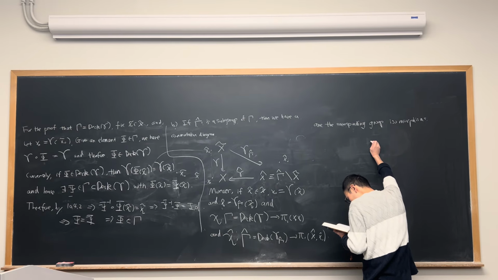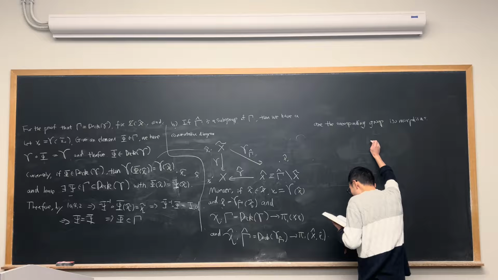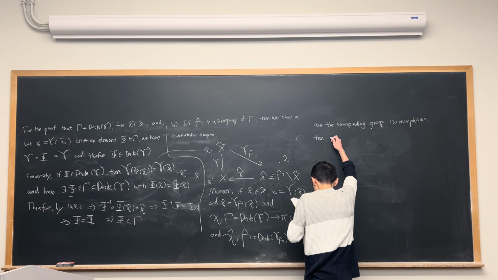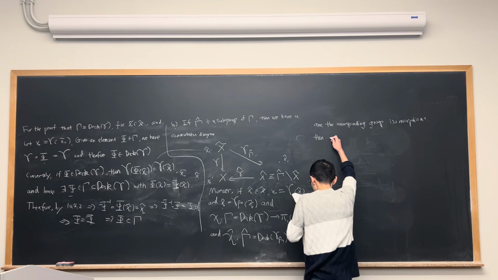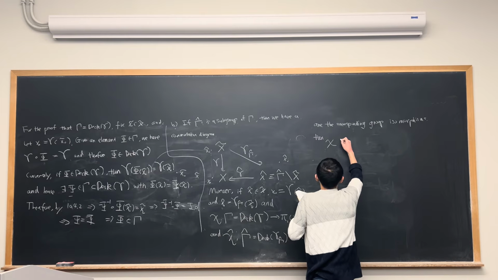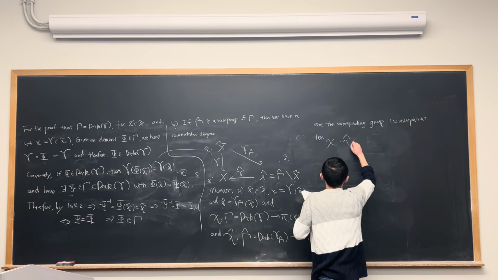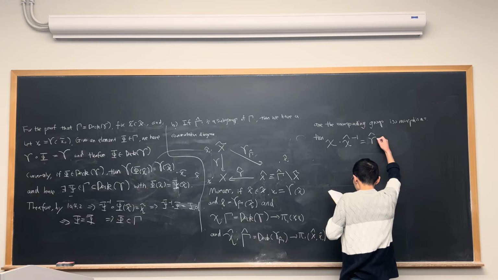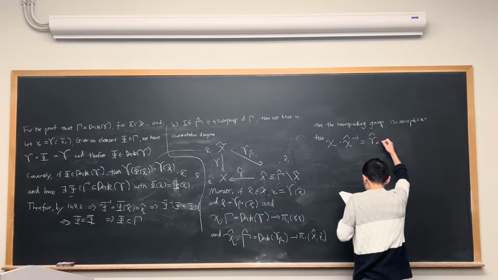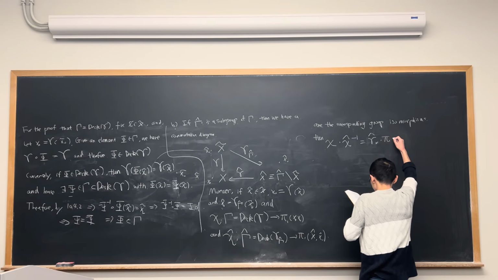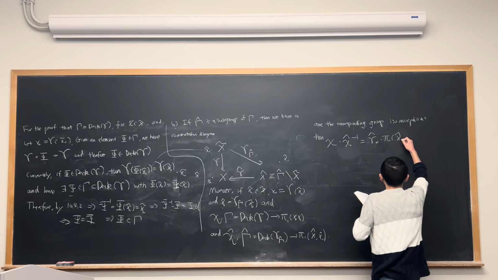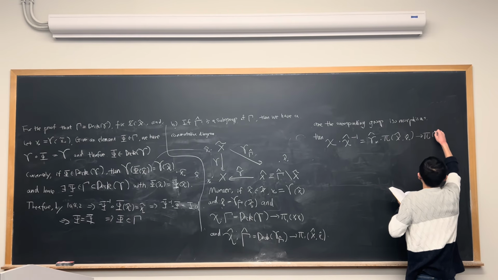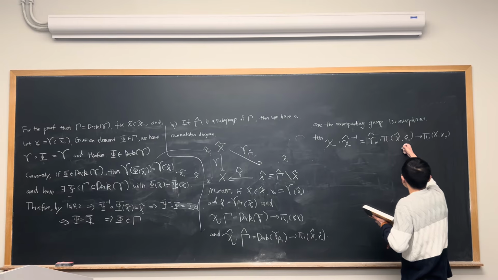And then we have that chi composed with chi hat inverse is equal to this gamma hat star from pi 1 of x hat, x naught hat to the space pi 1 of x naught. Sorry, I mean x naught hat.